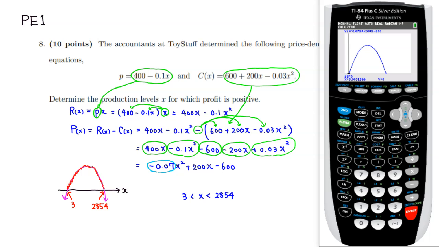I think the answer key has the equality included, but since the profit is positive, I should put strict inequalities there. So x should be between 3 and, this is an approximation though, 2,854. That's it. I hope that this was clear.